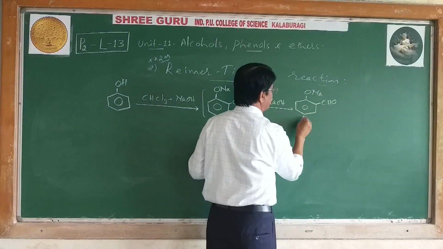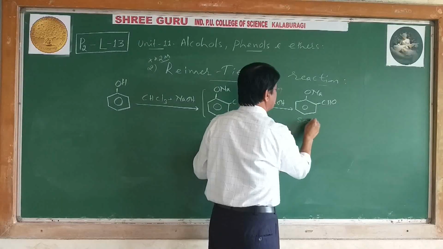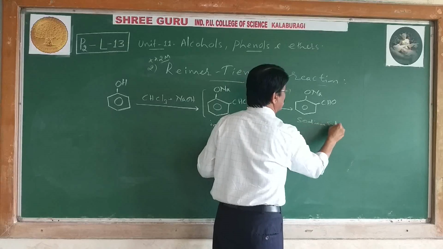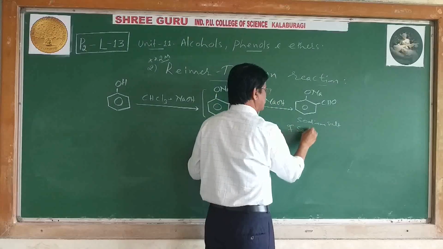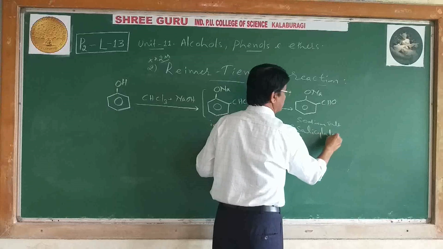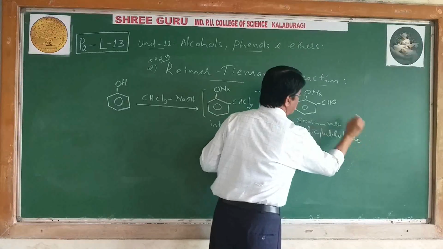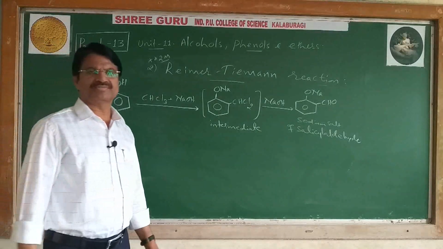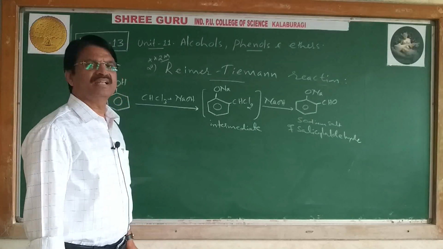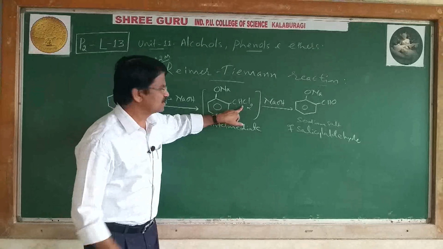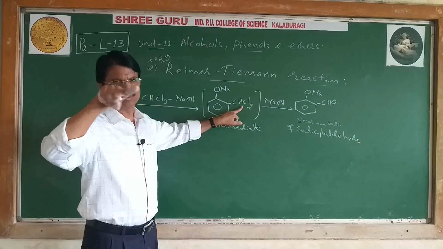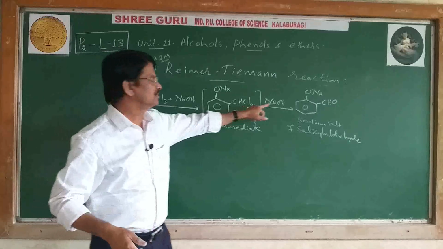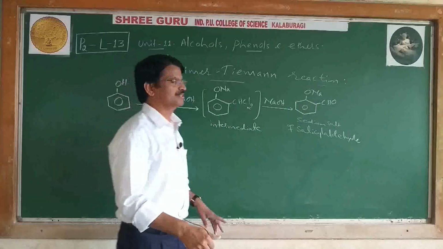CHONa. Now it is called the sodium salt of salicylaldehyde. The compound, sodium salt of salicylaldehyde, is obtained. Here actually CH(OH)2, and that loses H2O, meaning it rearranges to give CHO.